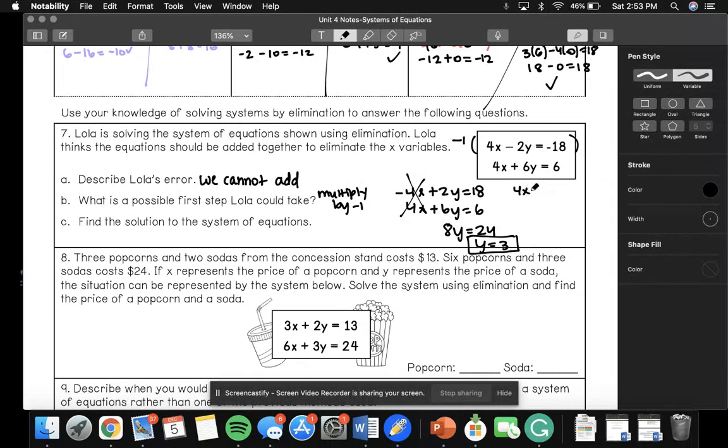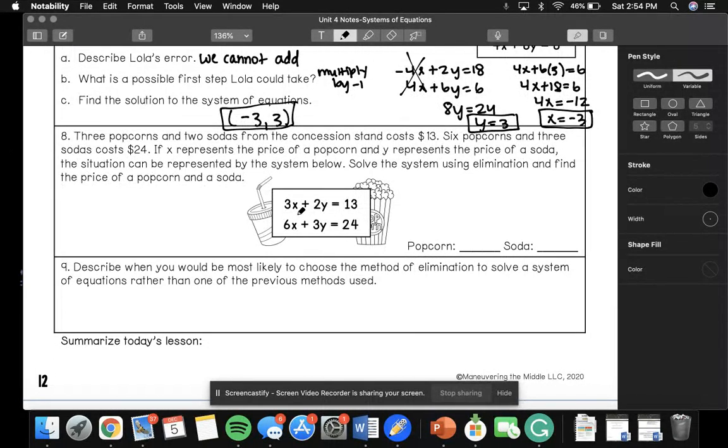Then 4x's plus 6, I'm using the bottom one, 6 3's would equal 6. 4x plus 18 equaling 6. 4x, take away the 18, I would get negative 12, and then x would equal negative 3. So my solution would be negative 3, positive 3.